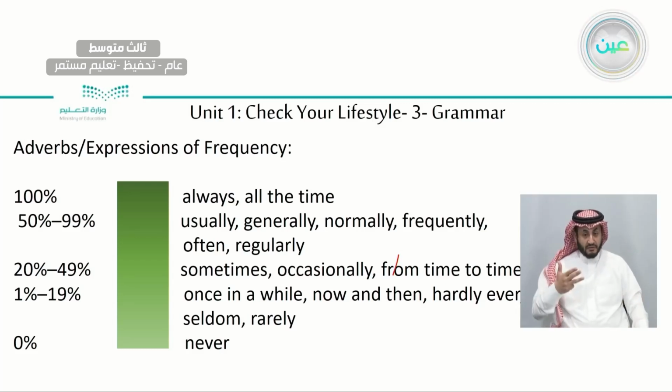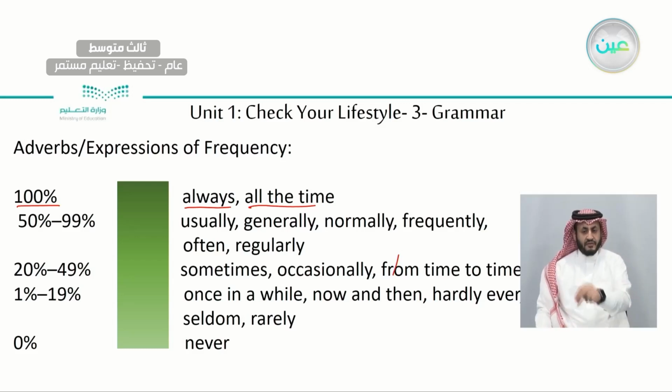Like for example, if you are talking about something you do most of your time, like 100% of the time you do it, you would say, I always talk to my parents, for example.